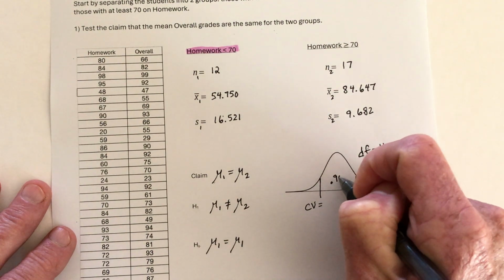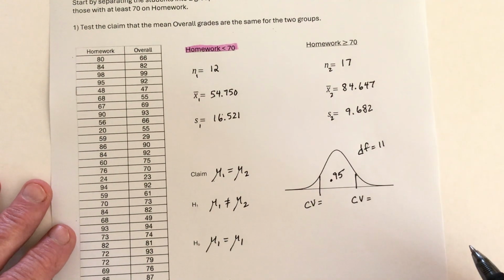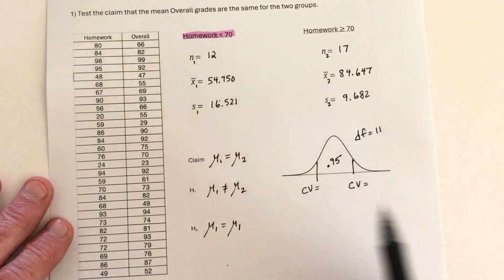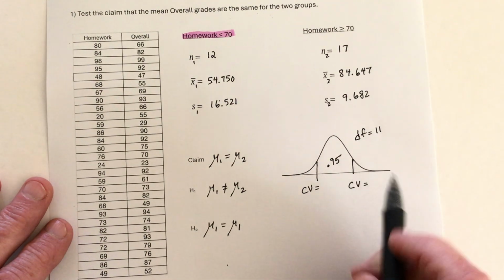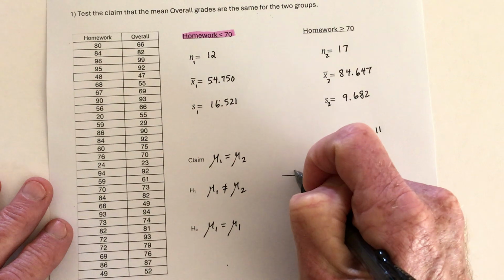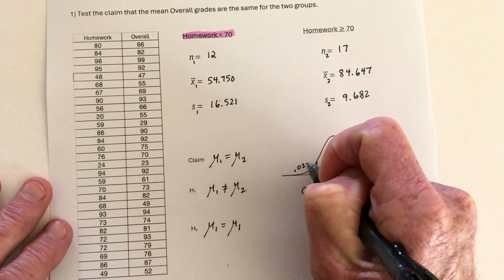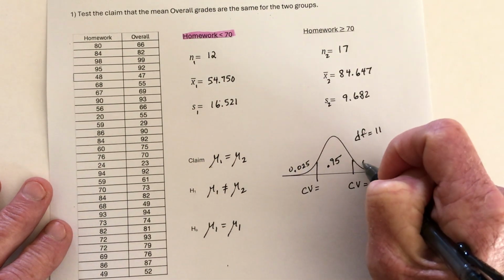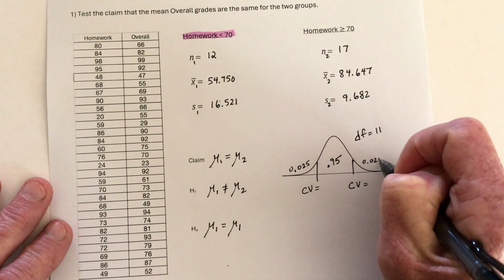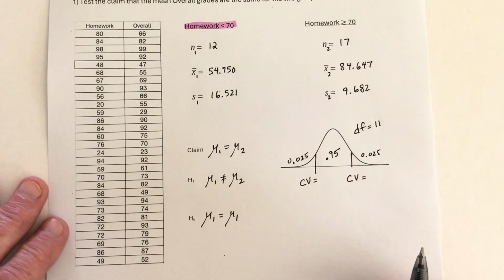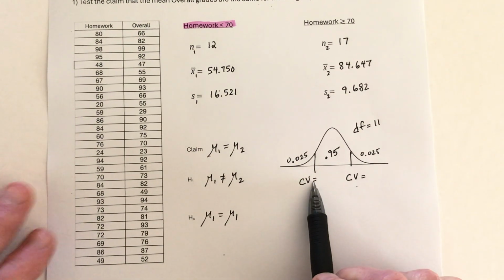And we're using 95% level of confidence, which means there's a total of 5% for these 2 tails. So this is going to be 0.025 and 0.025. Now I can use the calculator to find the critical values.